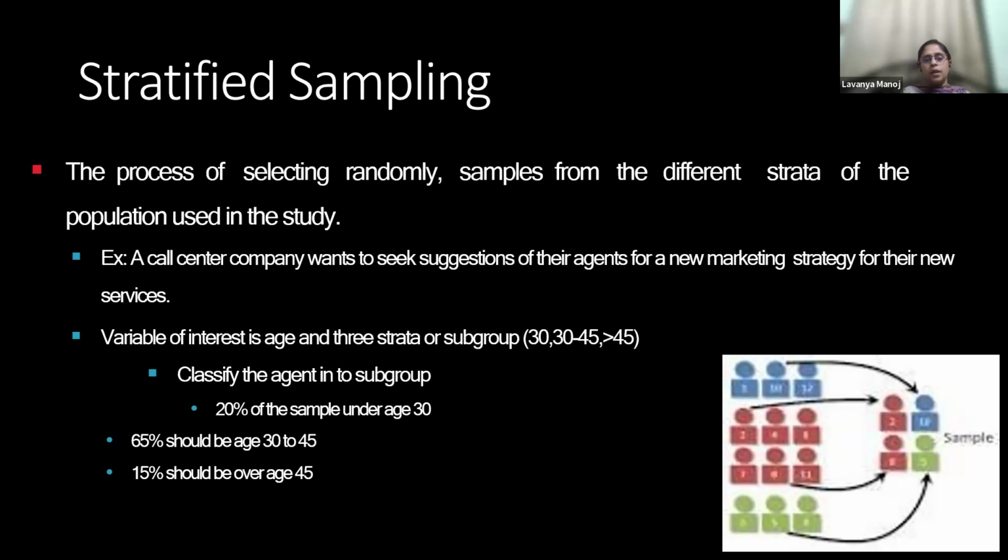From, say, 5 years to 10 years, that is one age group. From 11 years to 16 years, another age group. From 17 years to 22 or 23 years, another age group. And from 23 to 35 years, another age group. So you are subdividing them into different age groups.